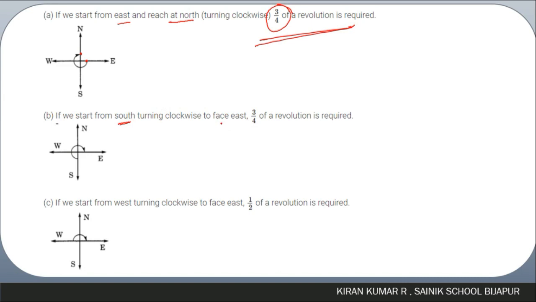Starting from south, turning clockwise to east, again you'll make 3/4 of a revolution. Starting from west, turning clockwise to face east, you'll make half a revolution. Let's look at question number 5.